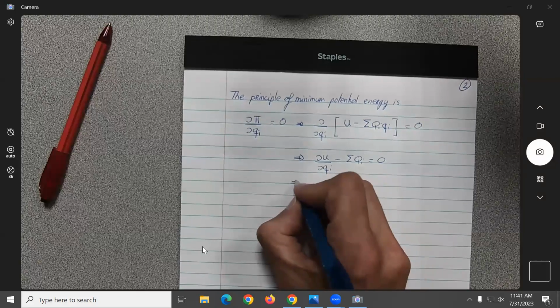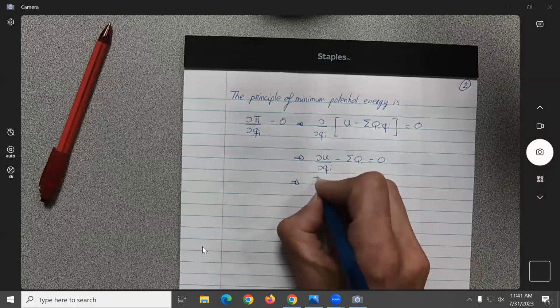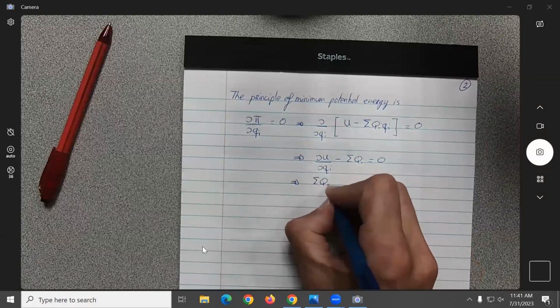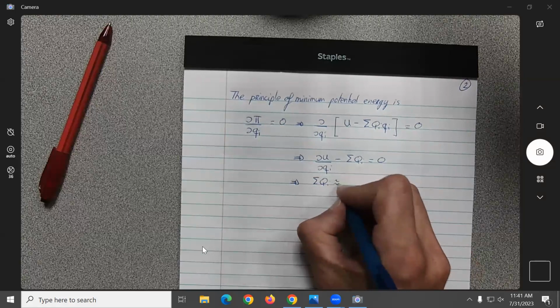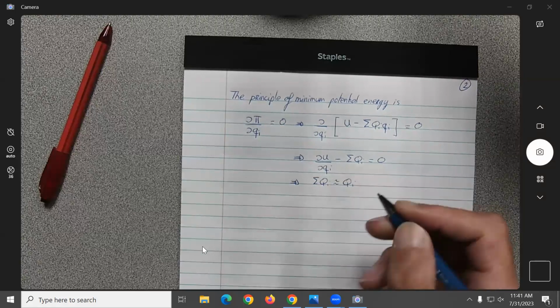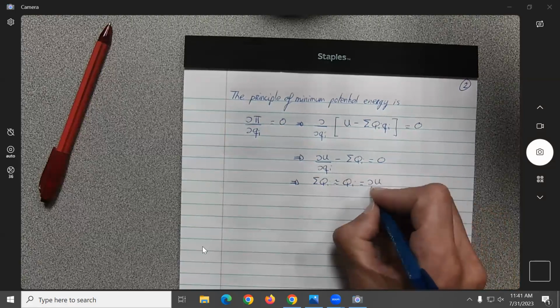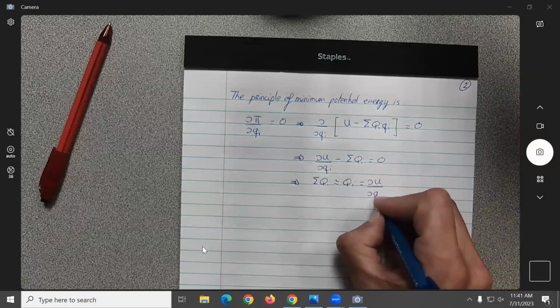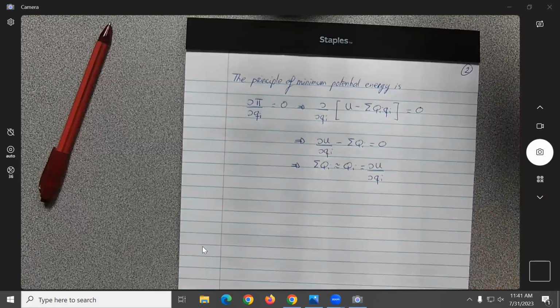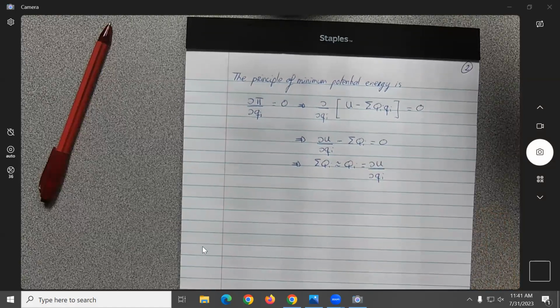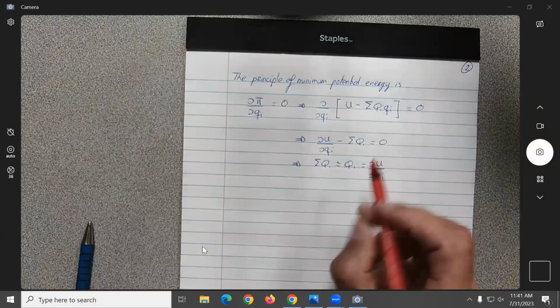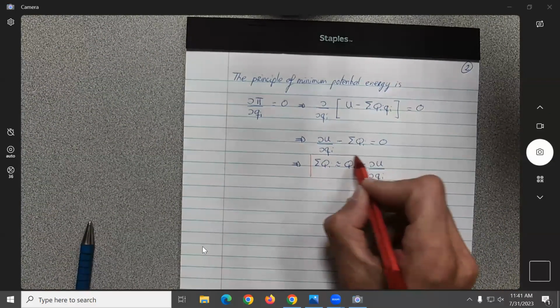Or this is going to give you the summation of all the forces. I'm going to say the force at that point is equal to the partial of the strain energy divided by the deformation q sub i. Okay, so this one, we don't use much at all.